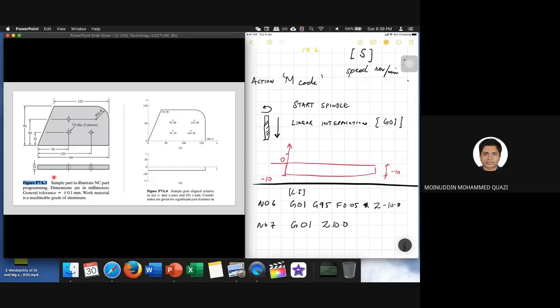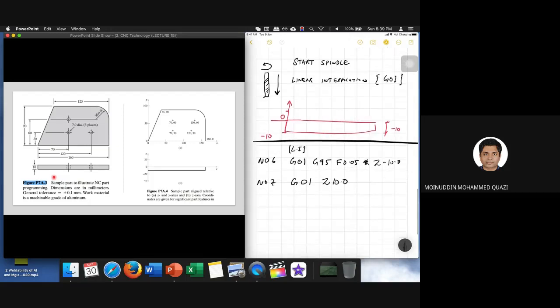Move back. Okay, so this is how we can finish this drilling process. Let's assume that I have done all the drilling. Now I want to stop the program. So I will write the last sentences. After drilling the hole, I want it to come back to the original position.